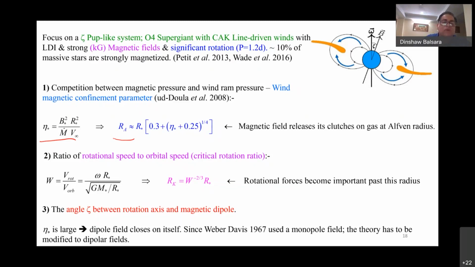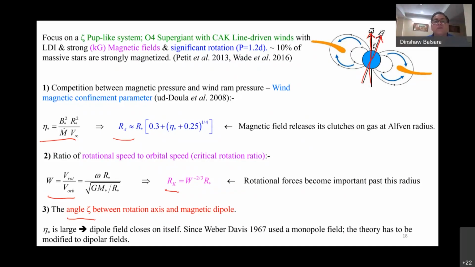Then it also depends on the rotation ratio: as the star rotates faster and faster, the Kepler radius moves inwards, okay? Namely, past the Kepler radius, the rotational forces become dominant. And it also depends on the angle zeta, which is the angle between the rotational axis of the star and the magnetic dipole axis of the star.